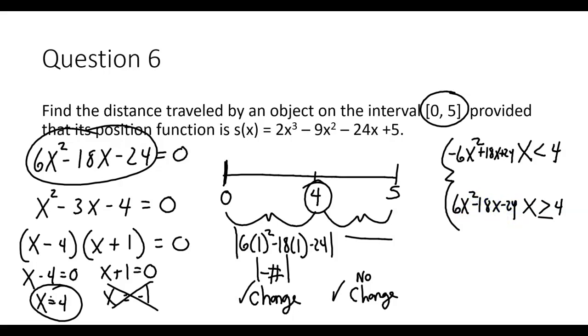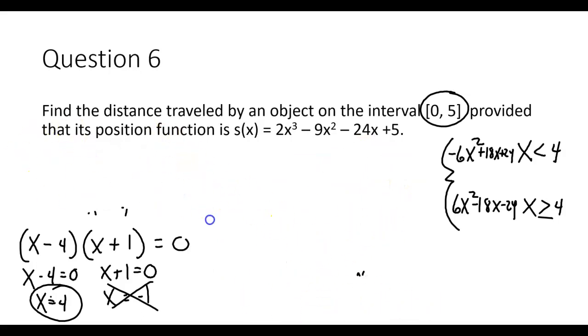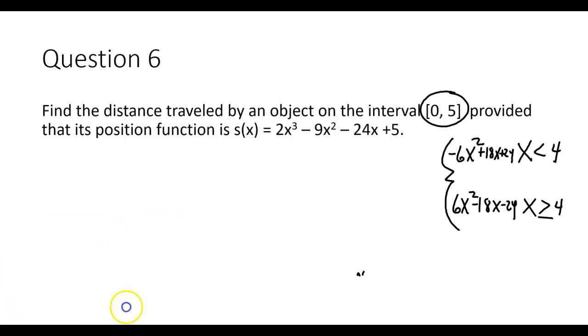Okay, so what I've done is I've rewritten my absolute value equation as a piecewise function. And that's what you have to do when you're trying to integrate an absolute value function by hand.